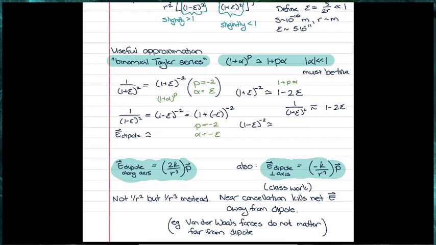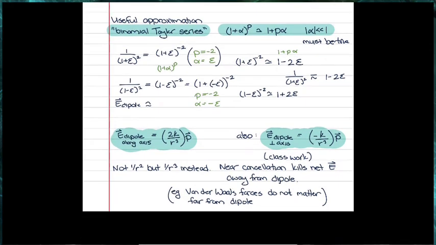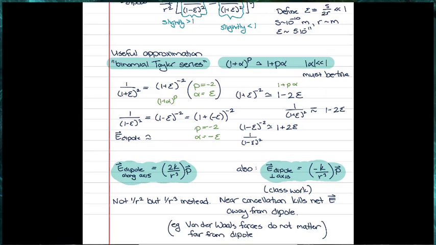The negatives cancel, so this ends up being 1 plus 2 epsilon. So again, we argued that this 1 over 1 minus epsilon squared is going to be something slightly bigger than 1, and that's what this is saying. It is 1 plus something very small.